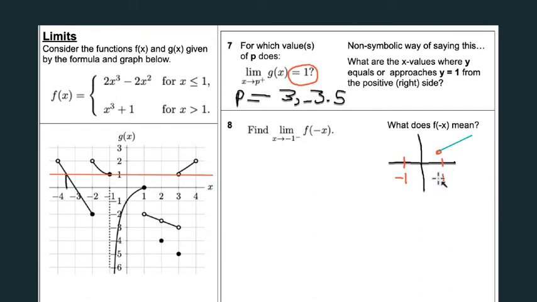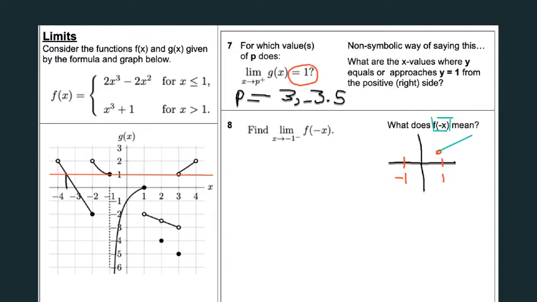So when x is equal to 1, then f at negative x means I go to negative 1. But I still have the same y value, because it says f at negative x. So the y value is not changing sign. It's the same y value at the opposite x value.